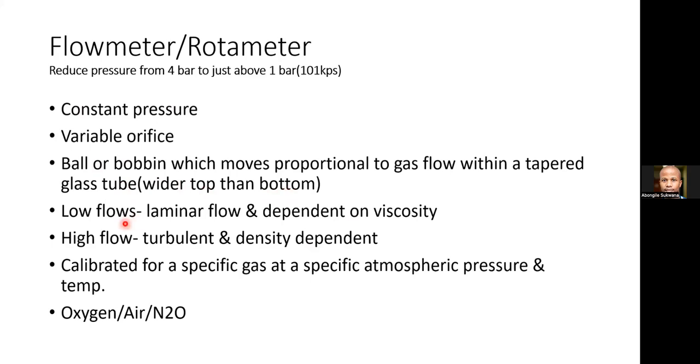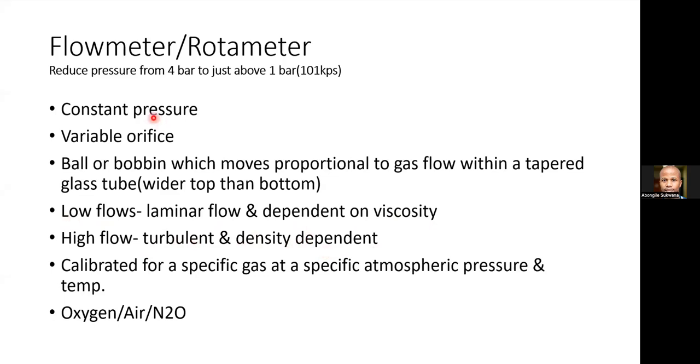The flow inside these flow meters is dependent on density, the type of flow, and also viscosity. At low flows, you've got laminar flow, and the flow is mostly dependent on the viscosity of the gas. With high flow, you've got turbulent flow, and then the flow will be dependent on the density of the gas that flows through it.